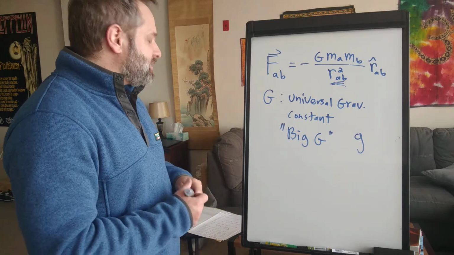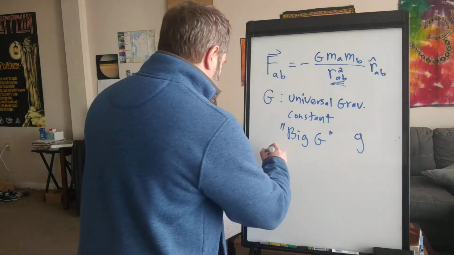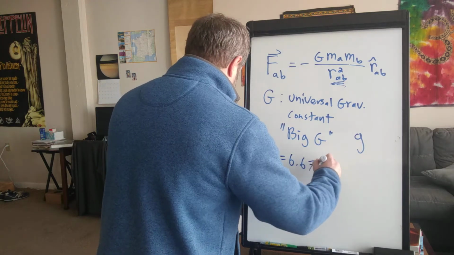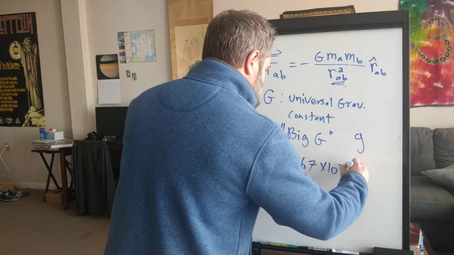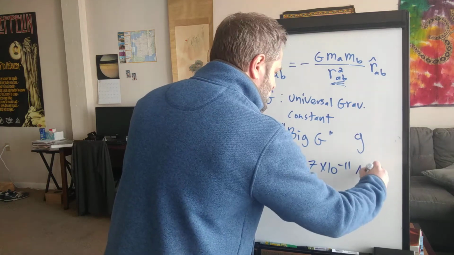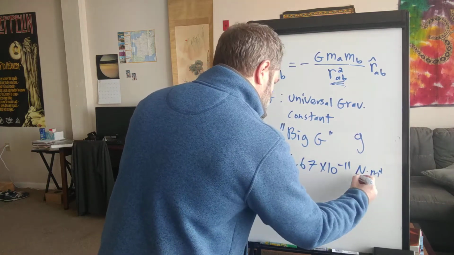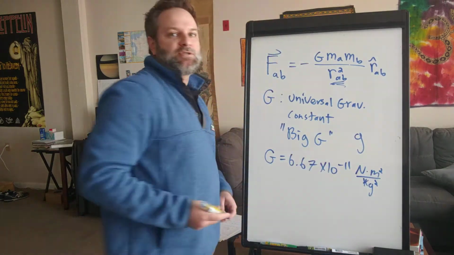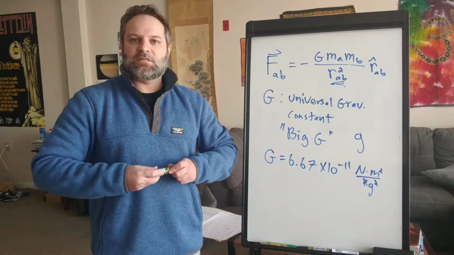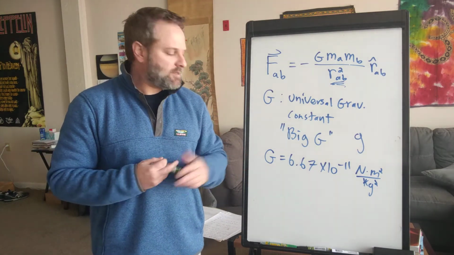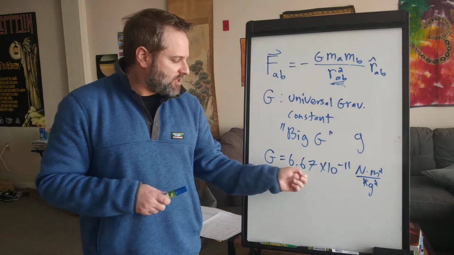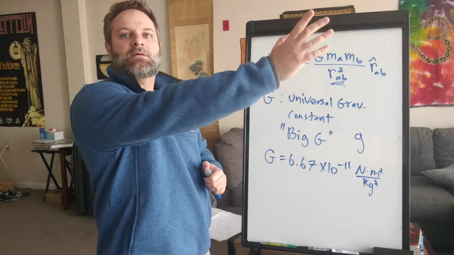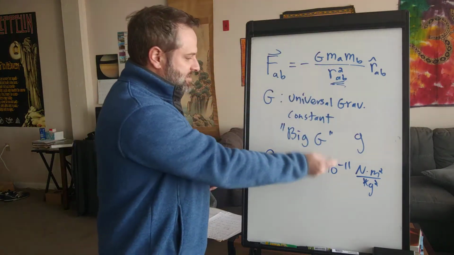Okay. So this big G, despite its name, is really, really small numerically. G is 6.67 times 10 to the negative 11 Newton meters squared over kilogram squared. You may remember these units from that problem we did in dimensional analysis towards the beginning of the semester. But now we're getting this actual number, which is 0 point and then 10 zeros, 667.